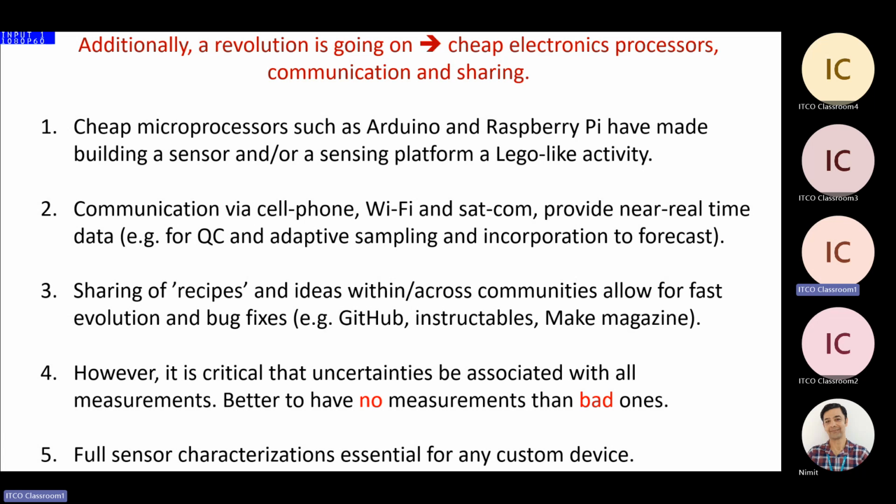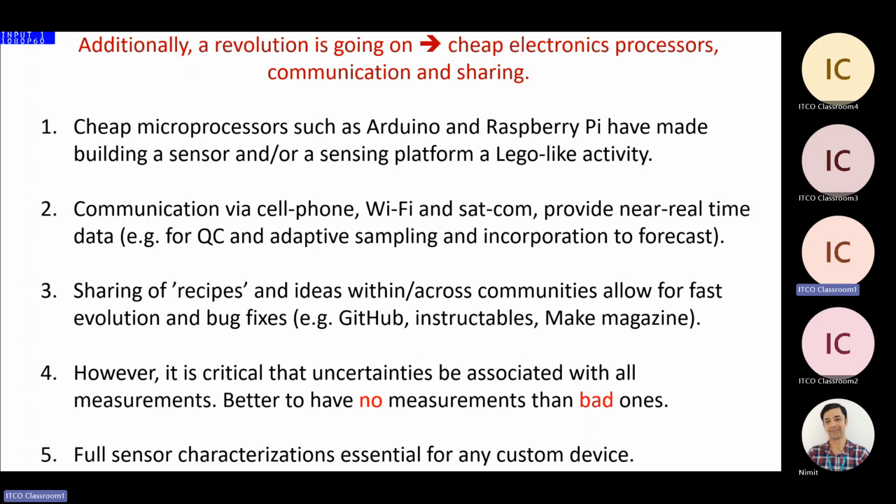What Mike was saying, to do things at the scales we need, we can now buy very cheap sensors, cheap microprocessors like Arduinos, Feathers, Raspberry Pis. Those are all available. Optics are really available. LEDs, photodiodes, all these things are really easy, and calling it a Lego-like activity to assemble sensors is really apt.